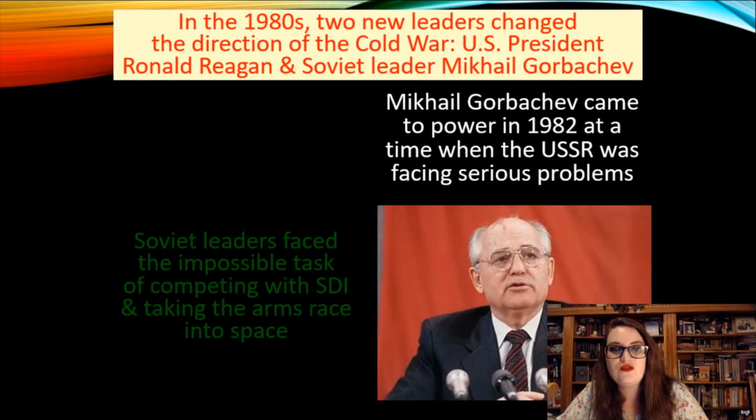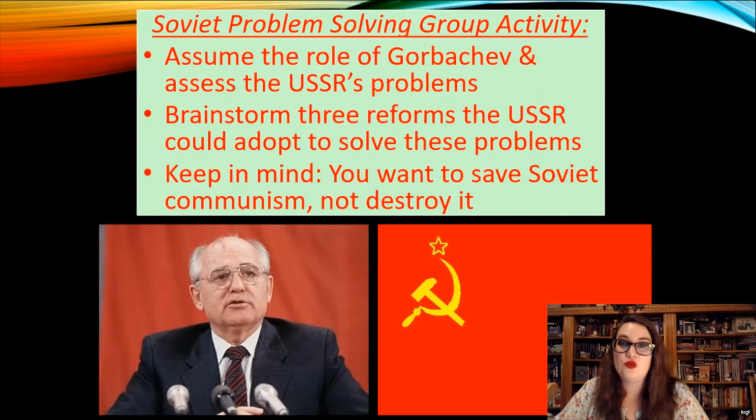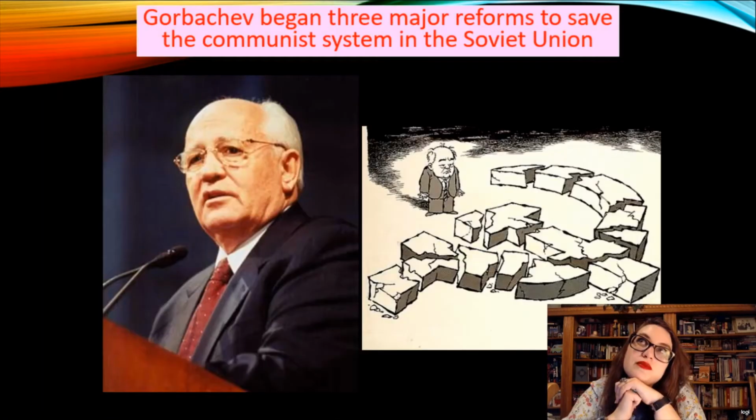Soviet leaders faced the impossible task of competing with SDI and taking the arms race into space. The Soviet government restricted freedom of speech and did not allow democratic elections, so no alternative opinions were even offered. So it was just one way or you're dead.